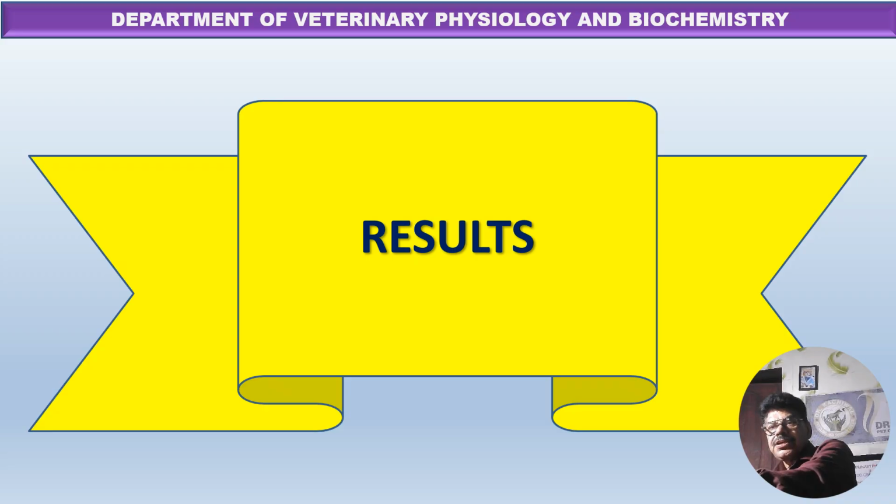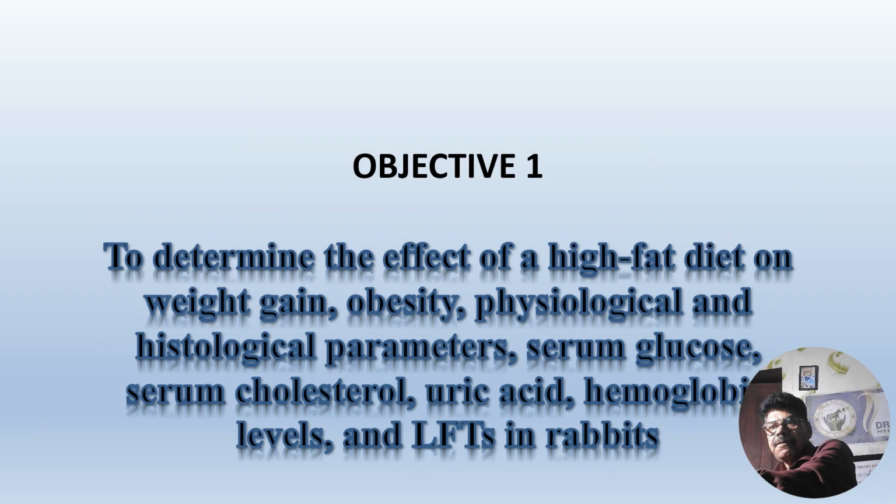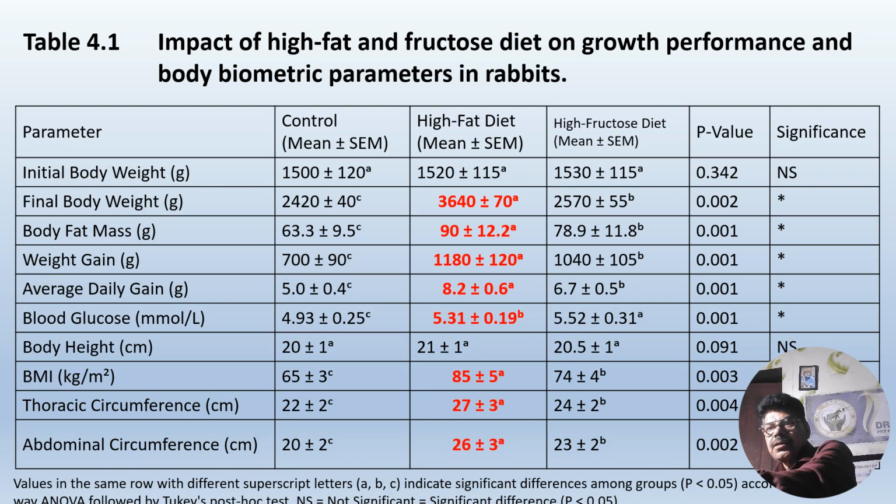So these are the results. Objective one was to determine the effect of a high fat diet on weight gain and obesity, physiological and histological parameters, serum glucose level, serum cholesterol, uric acid, hemoglobin level, and LFT in rabbits.